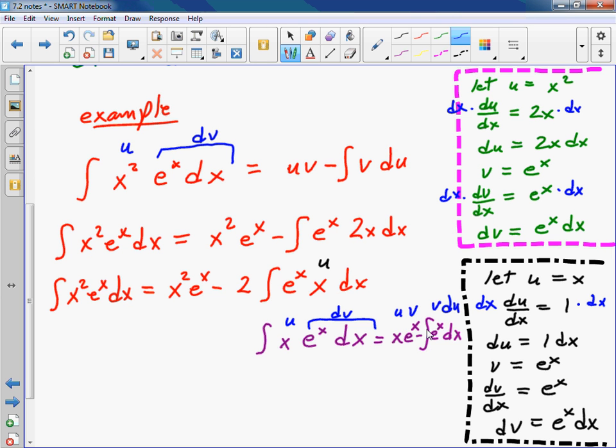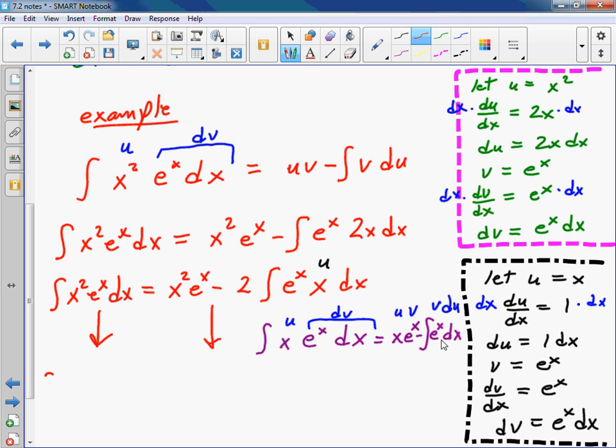Okay, now I see the method here because this allows me to just take the antiderivative there, which we can get directly. Okay, let's put it all together. Bring everything down.